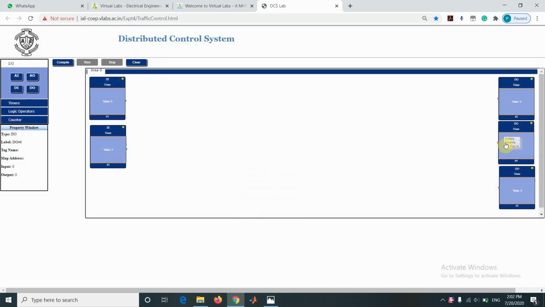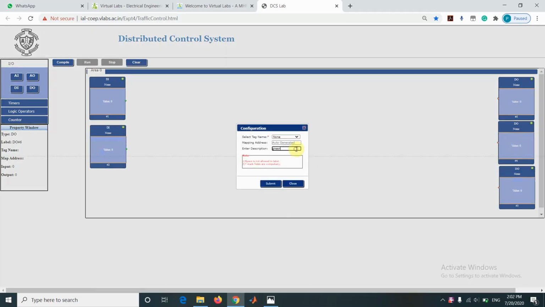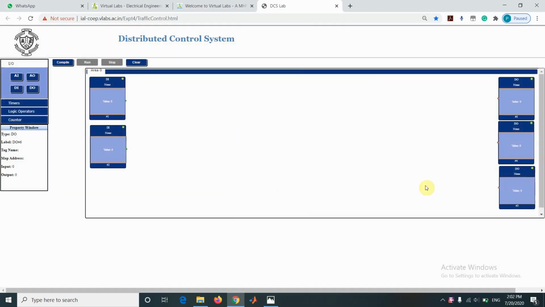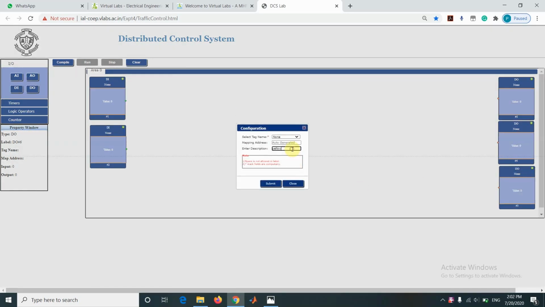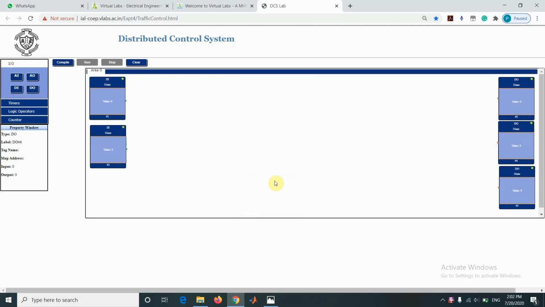Green light, yellow, and red. So these are our two inputs, and these are our three outputs, the three lights.